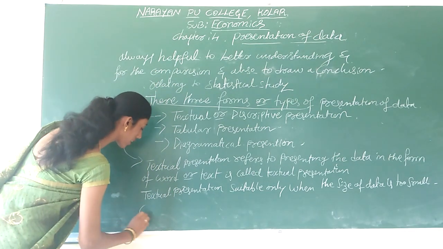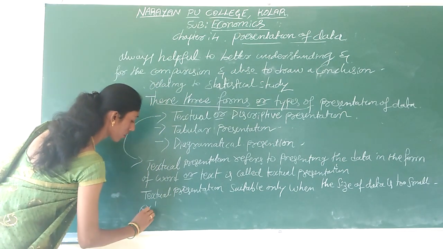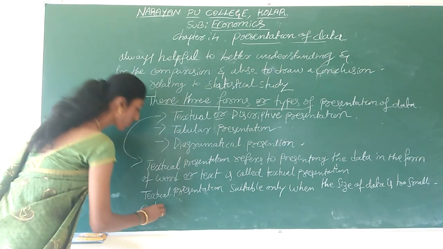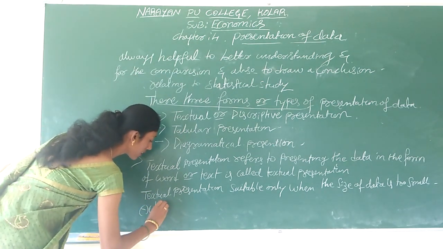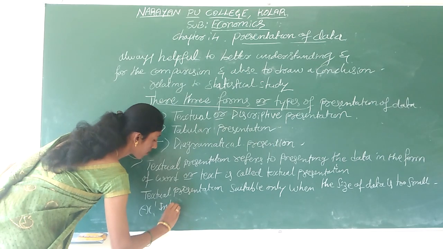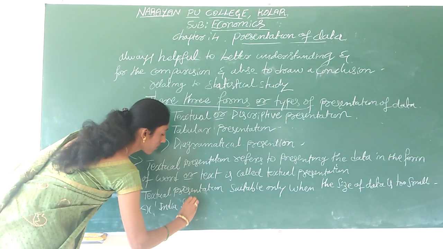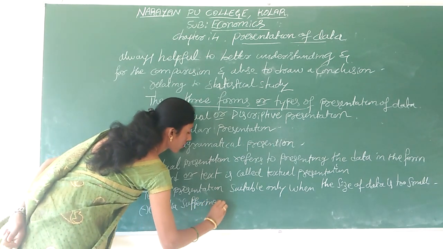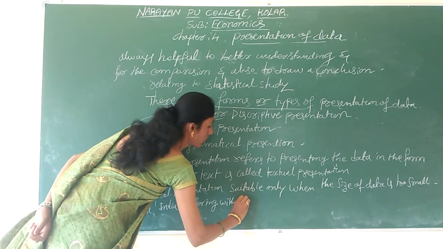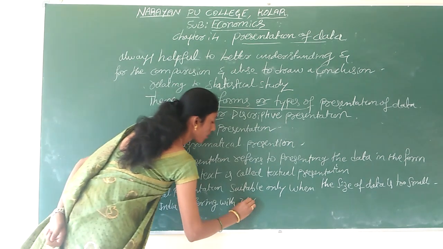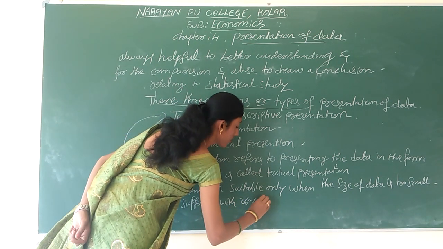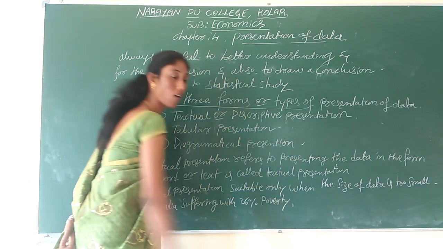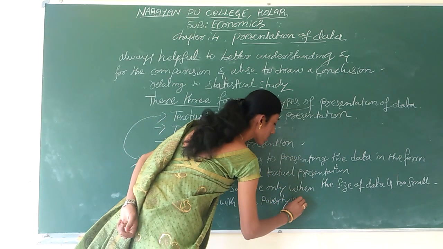For example, India suffering with 26% of poverty or poor people, or smoking is one more example.